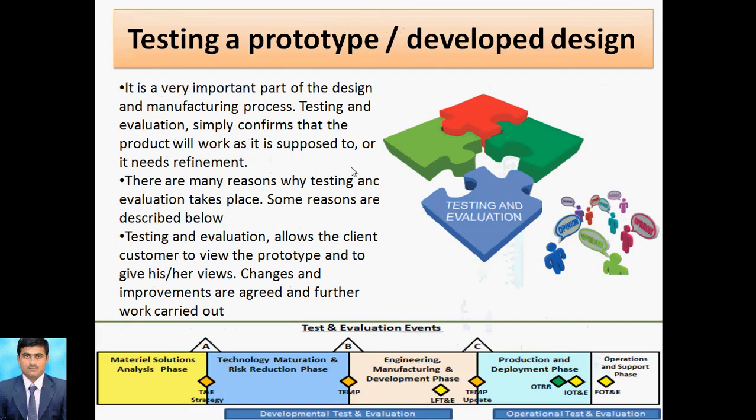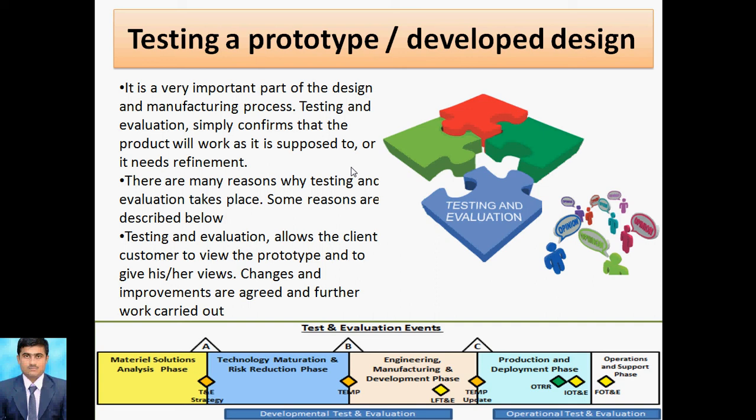Then testing. So for testing the prototype or developed design, while testing and evaluation, it allows the client to view the prototype, give their views, and suggest changes and improvements. This is nothing but testing the prototype and design.